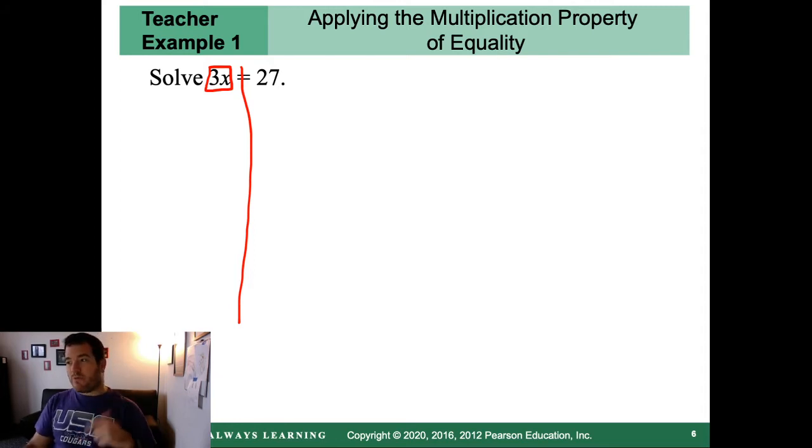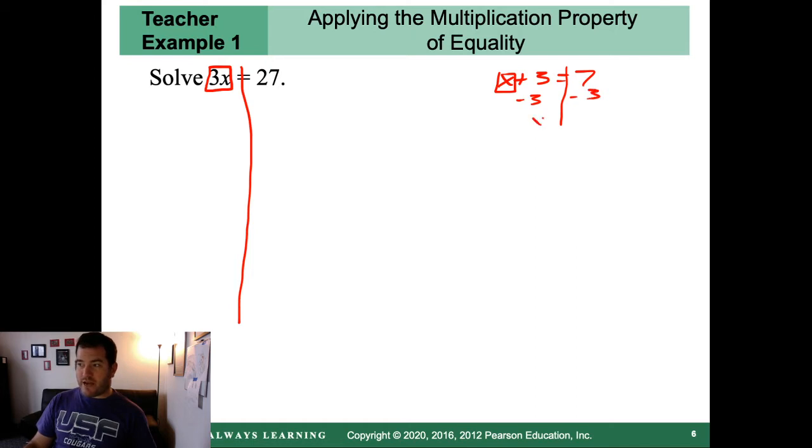Like last time with the addition property of equality, if we had x plus 3 equals 7, to get this 3 to the other side we had to do the opposite. Here we're adding 3, so we subtracted 3 from that side and from that side, and we got x is equal to 4, right?